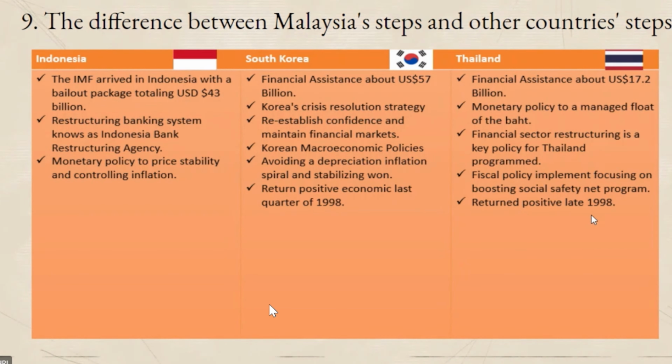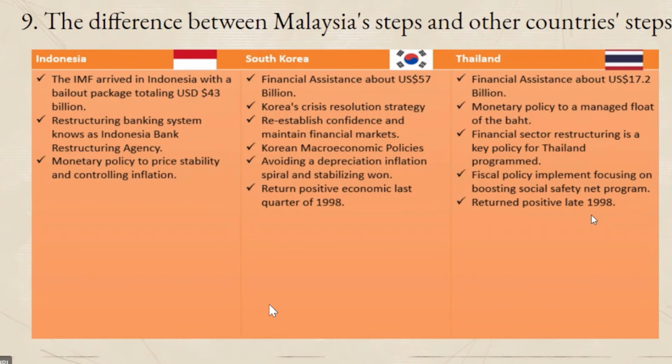So move on to Korea. The IMF also helped Korea by approving financial assistance of up to 21 billion. They also had other financial assistance from countries like the United States and Japan.